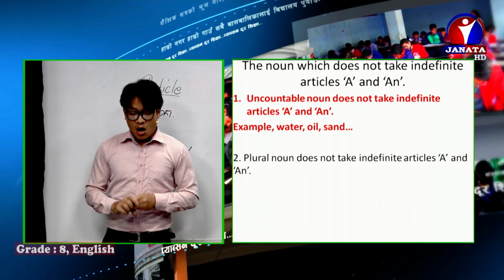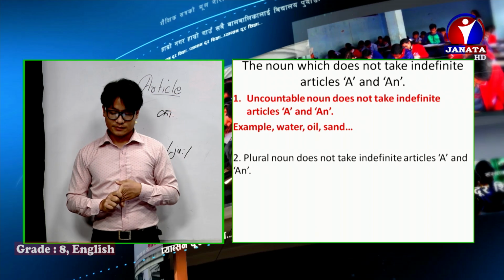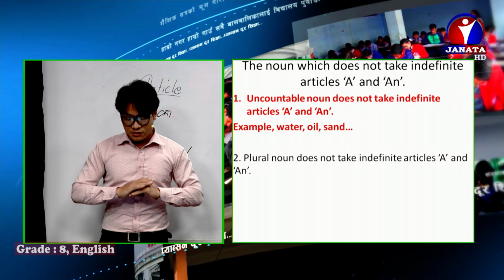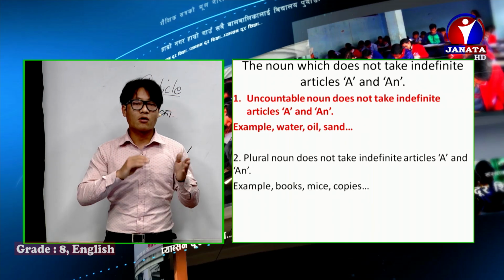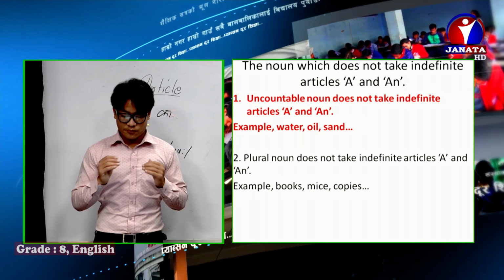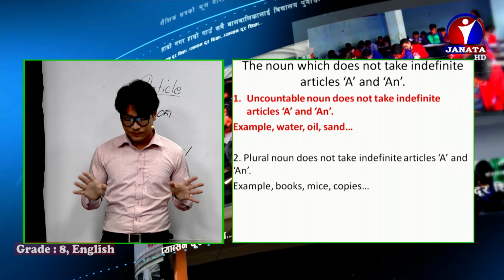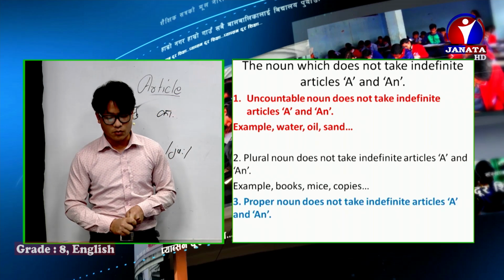Next, plural nouns do not take indefinite articles a or an. Examples are here: books, mice, copies. These are plural nouns, and these nouns do not take indefinite articles. And next is proper noun.